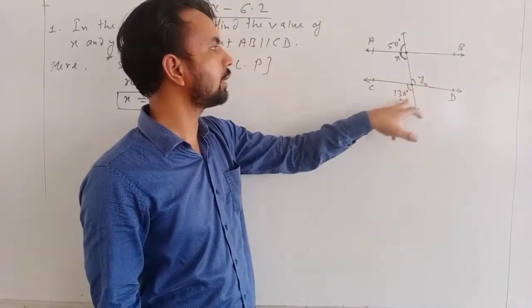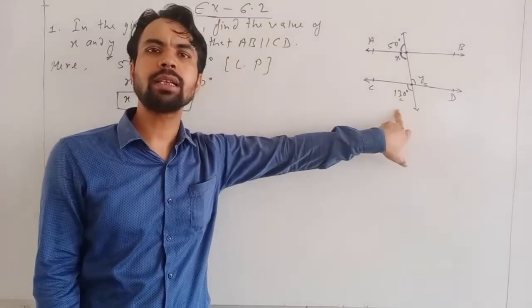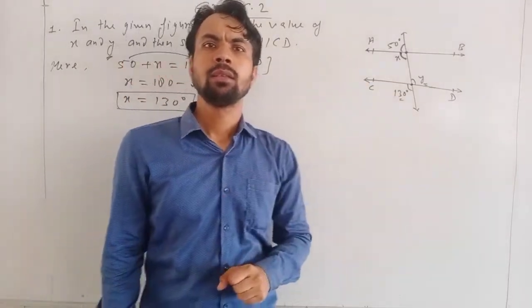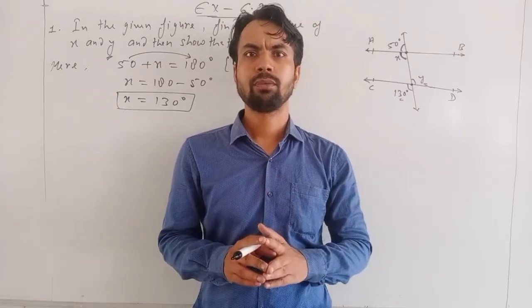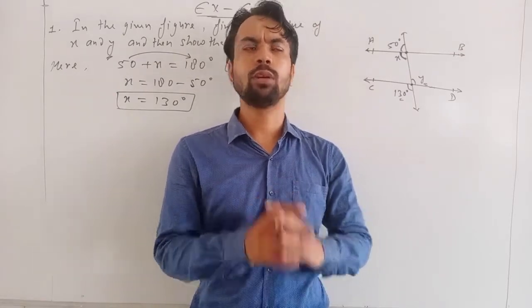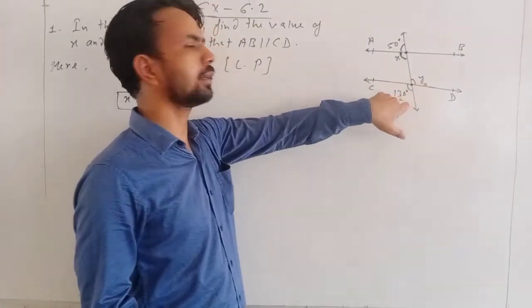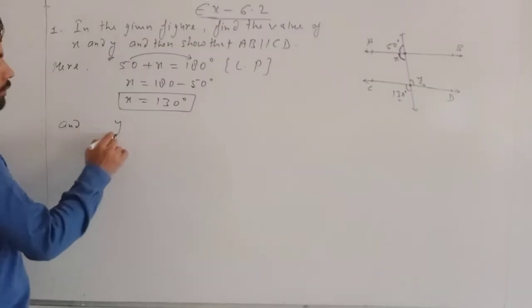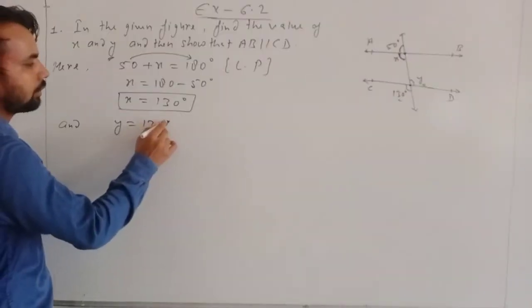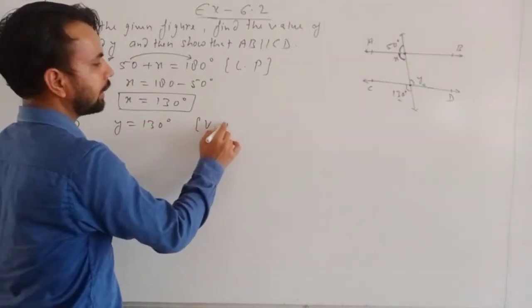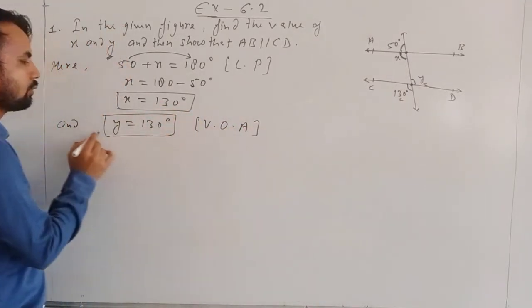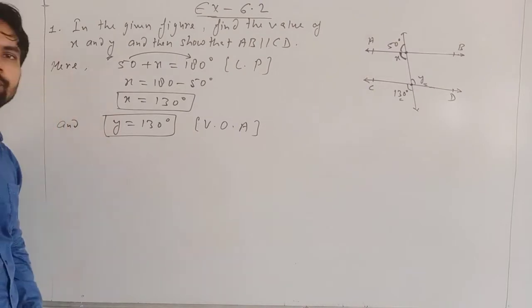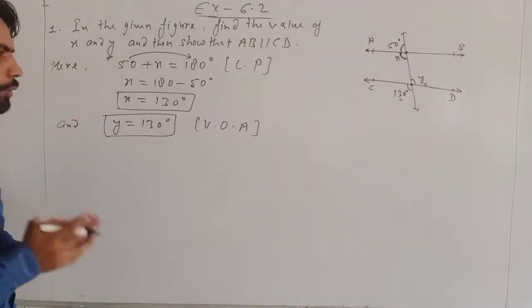So y and 130 are vertically opposite angles, and we know that vertically opposite angles are always equal. So y and 130 both will be equal, and y equals to 130. Reason, vertically opposite angles. So these are the values of x and y. Hope it is clear? Good.